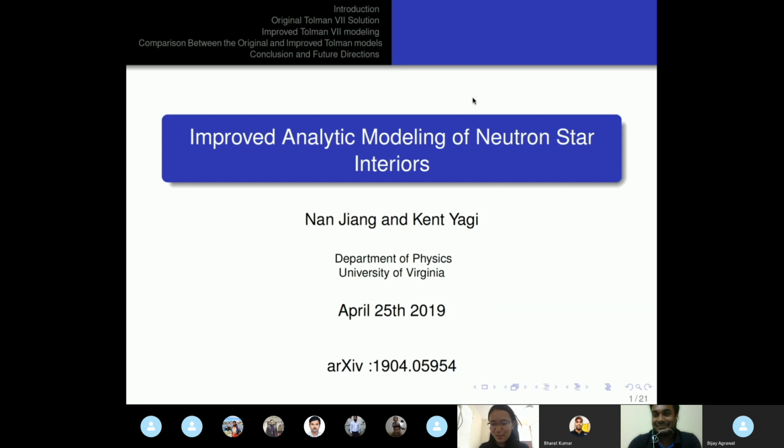Thank you very much for having me to give this talk on my recent works. It's a total pleasure for me to give this talk. My topic today is the improved analytic modeling of neutron star interiors.